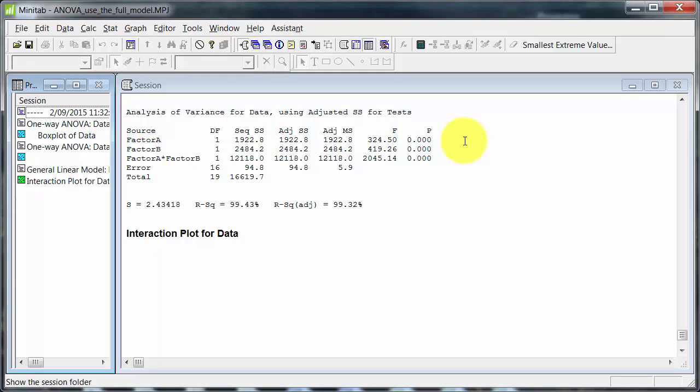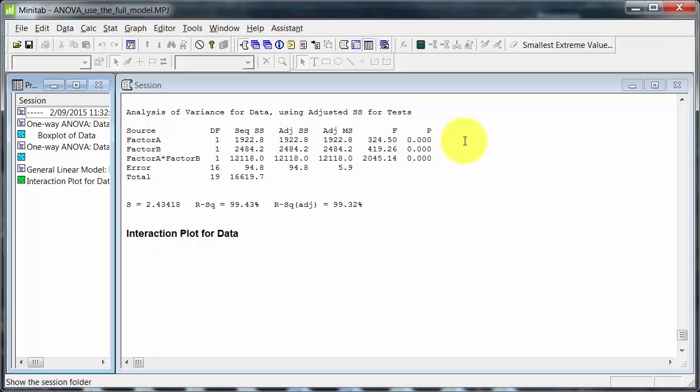Here's the analysis. F values for all three sources are very large and the p-values are very small, all less than 0.001. So there is an effect of factor A and B and a very large interactive effect, none of which was evident in the individual analyses.